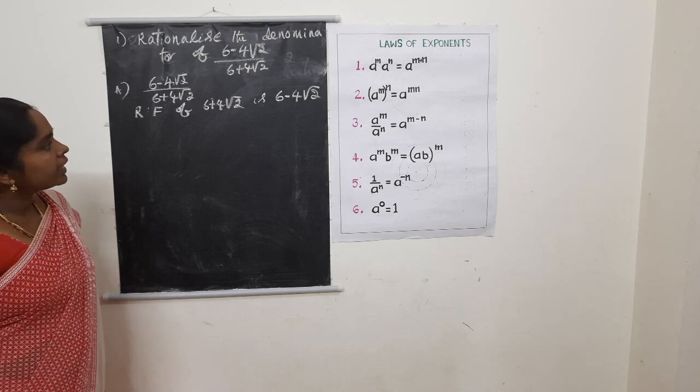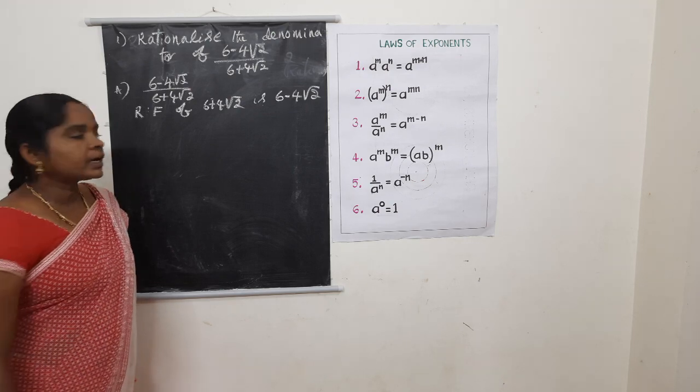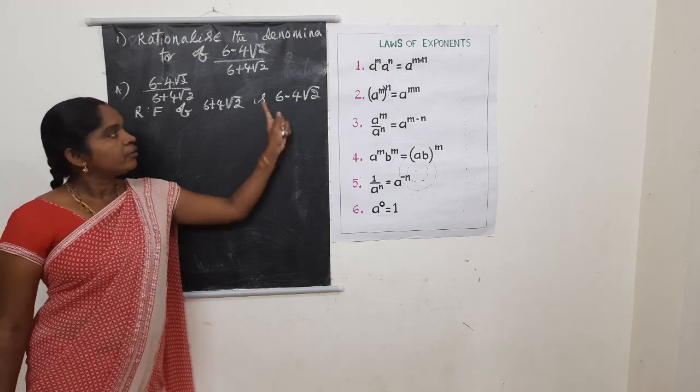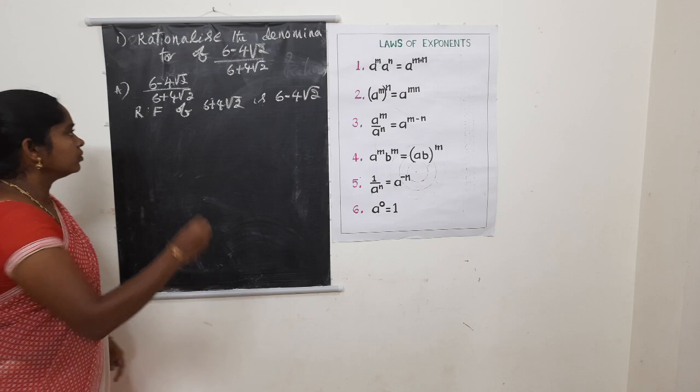So, in the given expression, both numerator and denominator are multiplied with 6 minus 4 root 2.